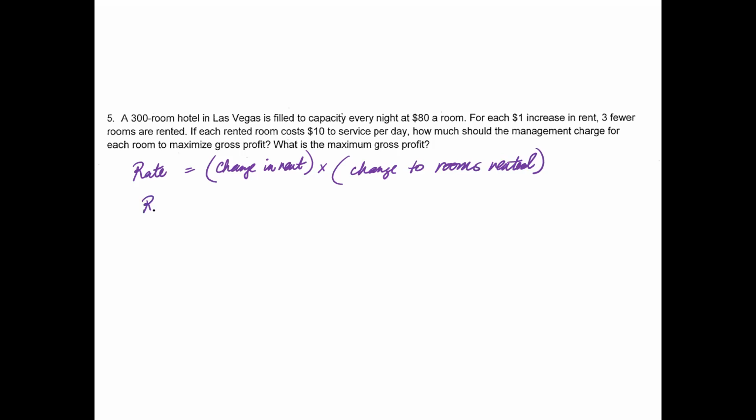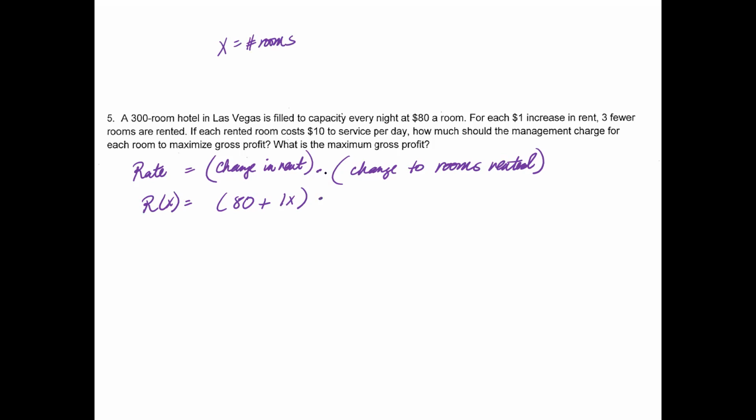All right, so then your R of x is going to be, it's $80 per room, so the rate is $80 plus 1x, because it's $1 per room. So x is the number of $1 increases.